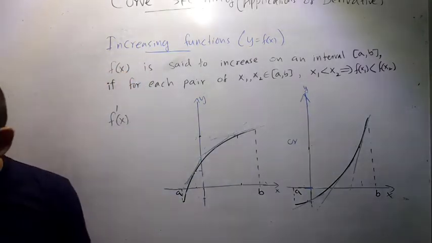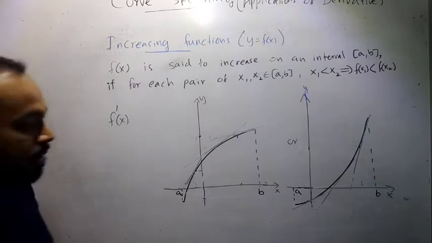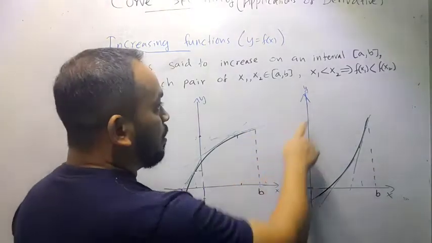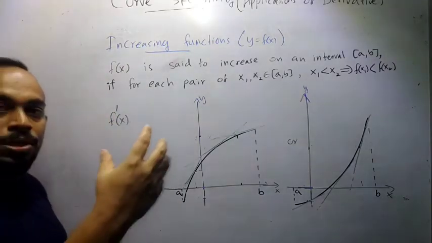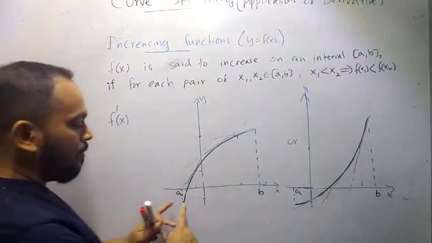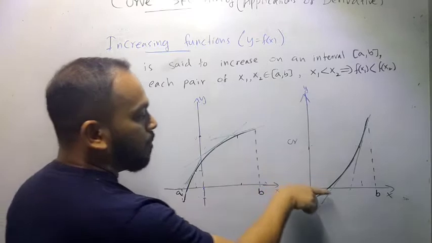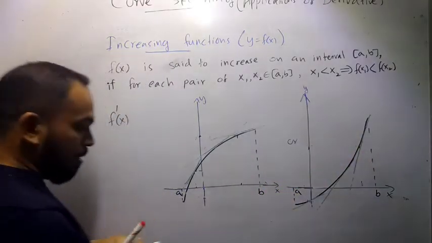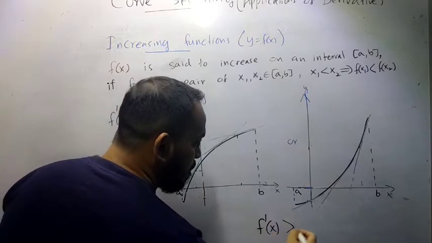So instead of using the definition, we can just check the sign of the derivative of the function. From a to b, the sign of f dash of x is always positive. This is how we check it. f dash of x is positive.